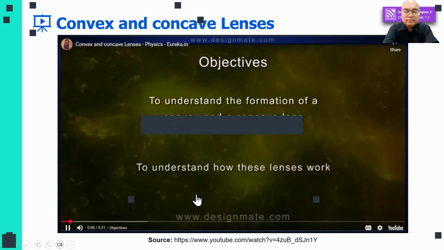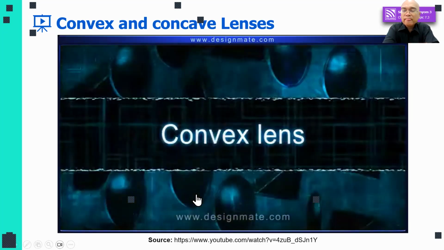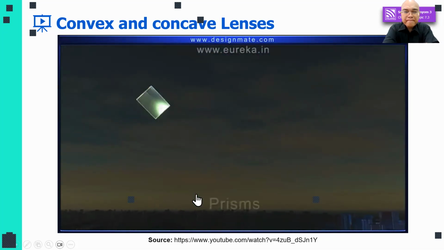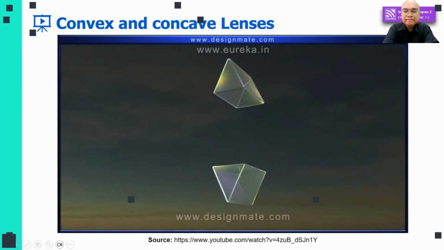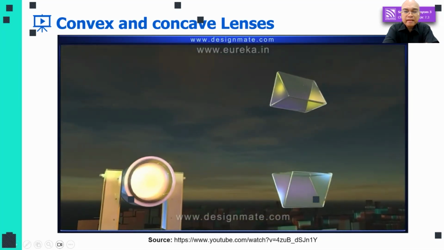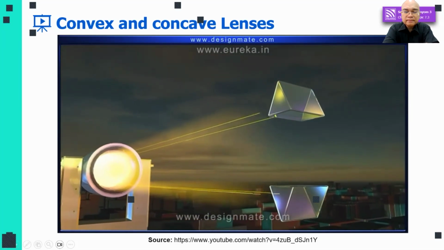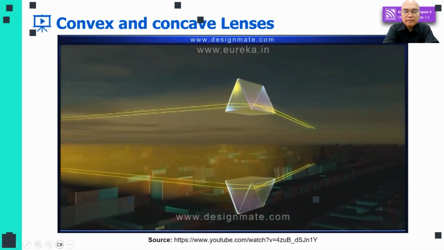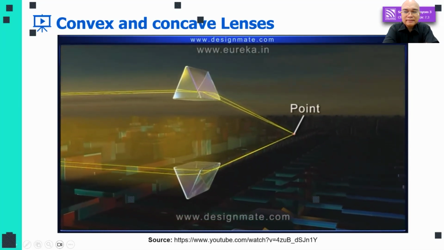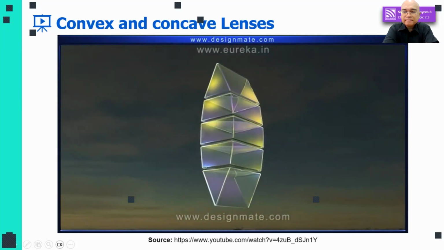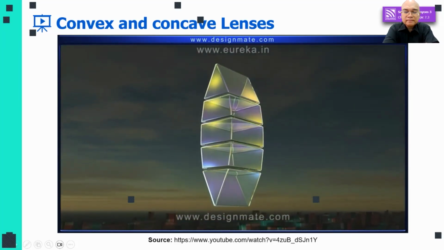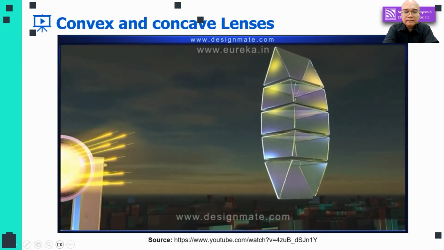And to understand how these lenses work. Convex lens. Arrange two prisms so that the rectangular rough surfaces are facing each other. The parallel rays incident on the prisms emerge on the other side after refraction and intersect at a point. Insert a few more slabs of rectangular prisms between the two prisms.